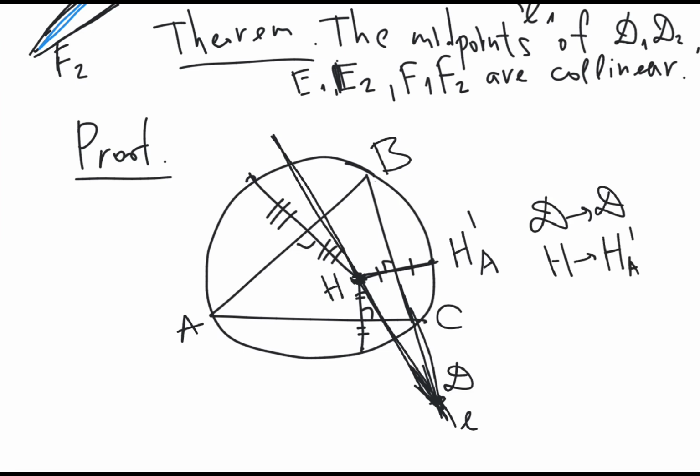And because under the reflection a line is mapped to a line, we know that the result of this reflection is a line, and we know two points, point D and point HA prime, on this line.